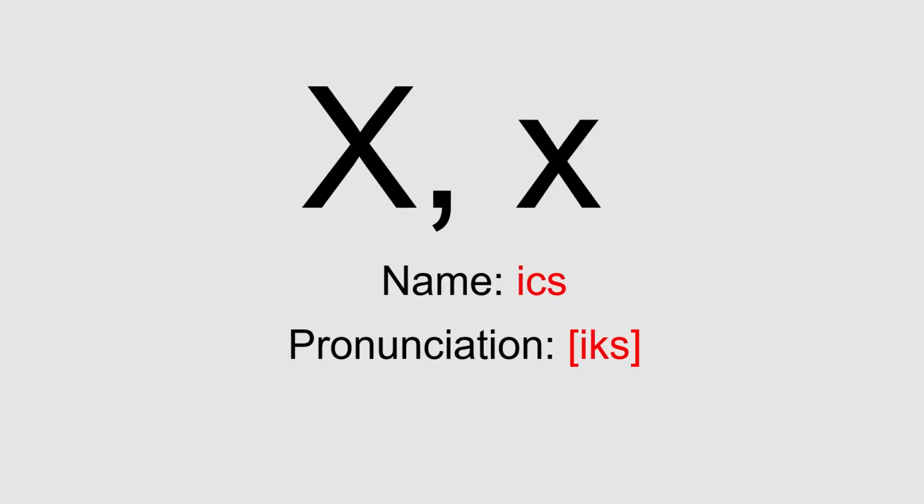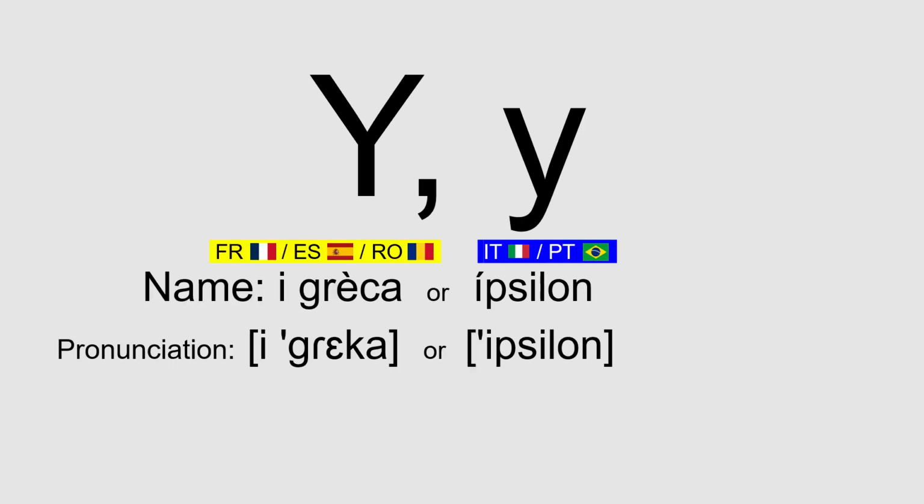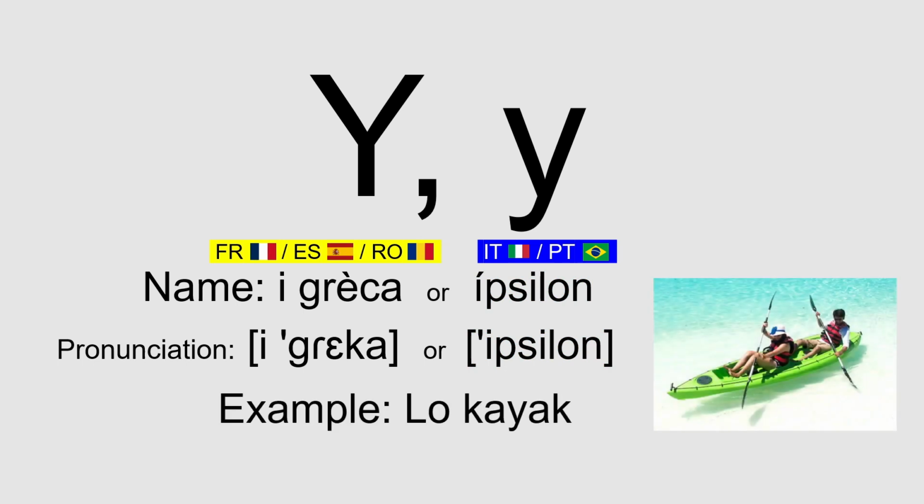X. Lo texto. The text. There are two ways to refer to the letter Y in Neolatin. Ipsilon, which resembles how French, Spanish, and Romanian call it, and I grec, which resembles how Italian and Portuguese call it. Lo kayak. The kayak.